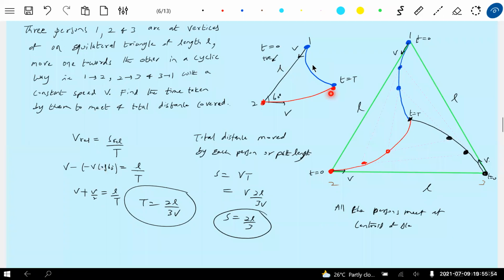We are not writing displacement. Nothing wrong, but here we are taking help of the relative speed. That's why I didn't write V relative bar. Relative speed is relative separation by time taken. So this I'll write. I'll give some specific name.